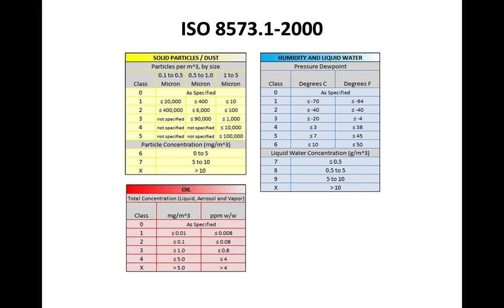And then if we look at the most widely used application, it is maybe class 8. Class 8 is the most widely used because this is for general application in the plant, or many people say this is for surface air application.